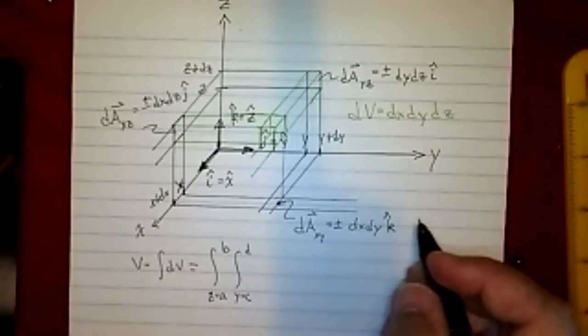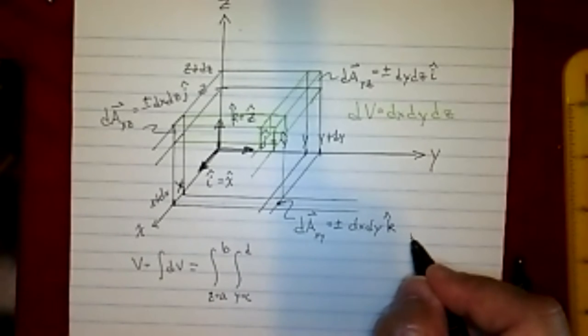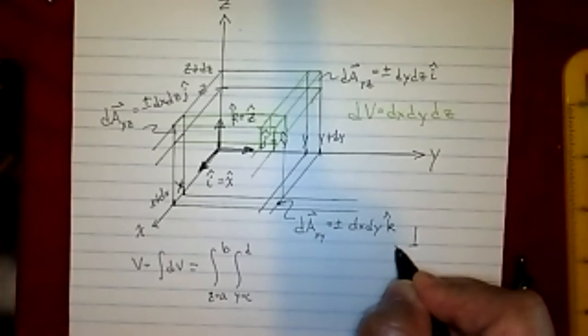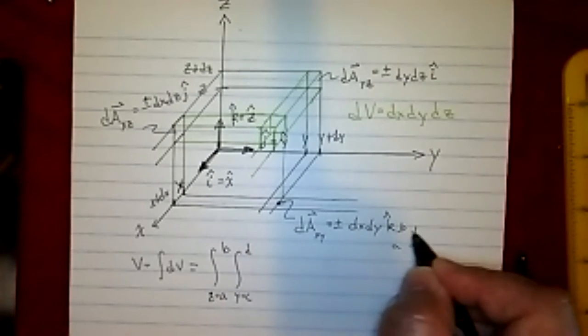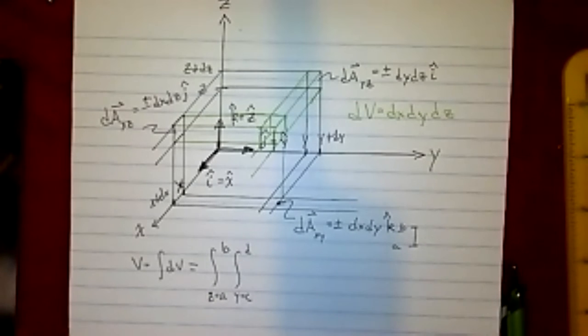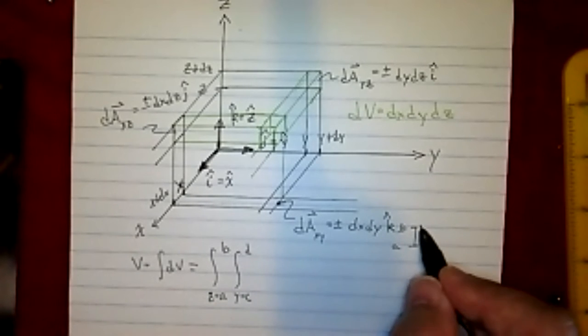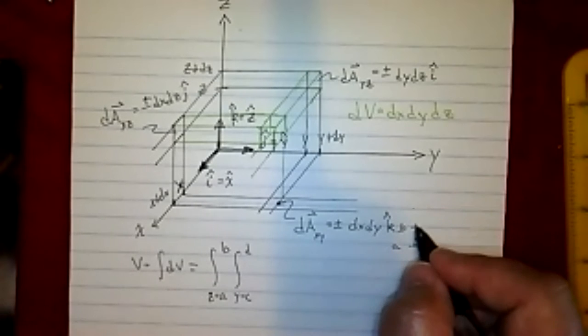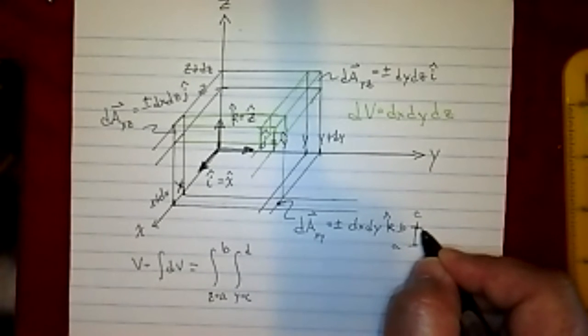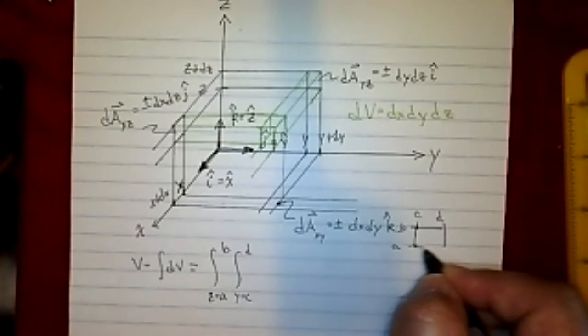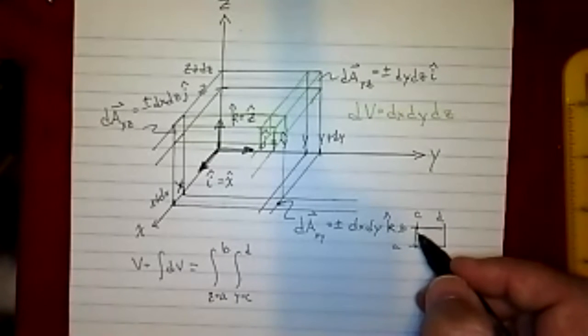So what I want to try to do is picture a rectangular solid. This one would be at a and b, and then the y, which was going this way, would be at c and d, like that. So now I've got the rectangle, but not the solid part.